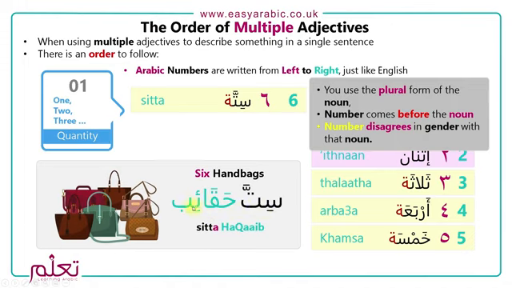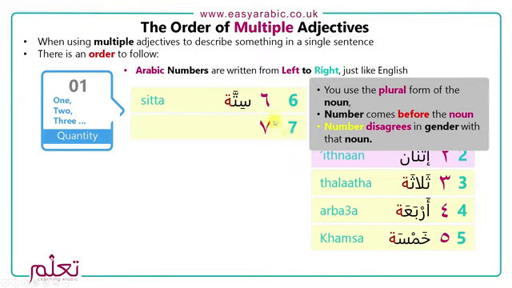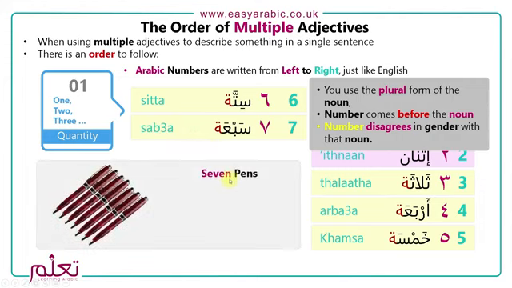ست حقائب. Number 7 is written like an upside down V. It is سبعة. If we say 7 pens, pen is قلم, and the plural of pen is أقلام. So 7 pens, and this is masculine, would be سبعة أقلام.